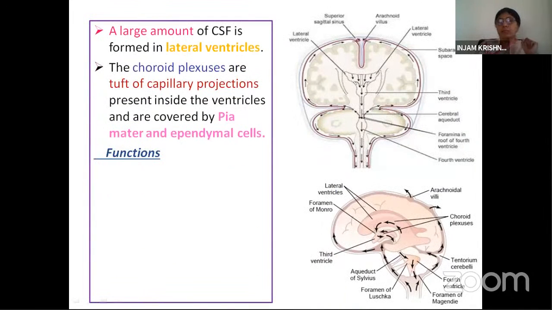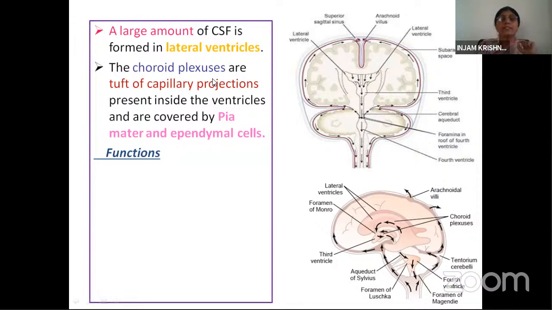The choroid plexus are the sites of the production of CSF. So a large amount of CSF is formed in the lateral ventricles. Actually, these are the lateral ventricles. It is the third ventricle, aqueduct, and it is the fourth ventricle, and so on.